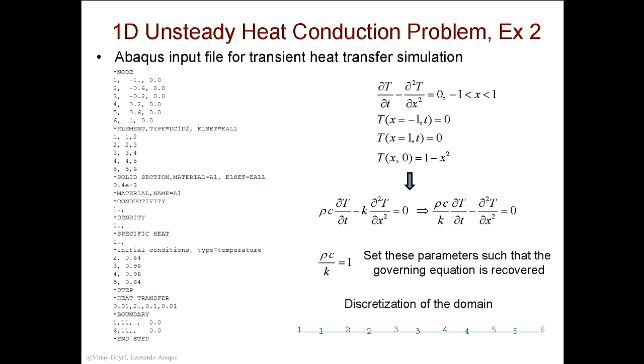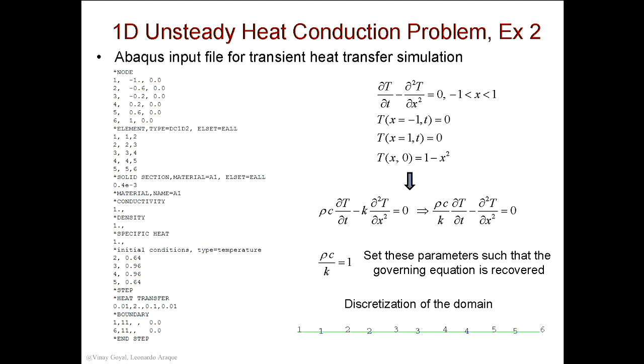As an example, say I made up this differential equation. Well, that's what I made up. But if you look at the heat conduction problem, the heat conduction problem has this formula. That's the formula for heat conduction. And so you can quickly identify that rho c is a coefficient for that, that's 1. And k is a coefficient for that, that's 1. Or I can divide this equation by k, and I have rho c over k.